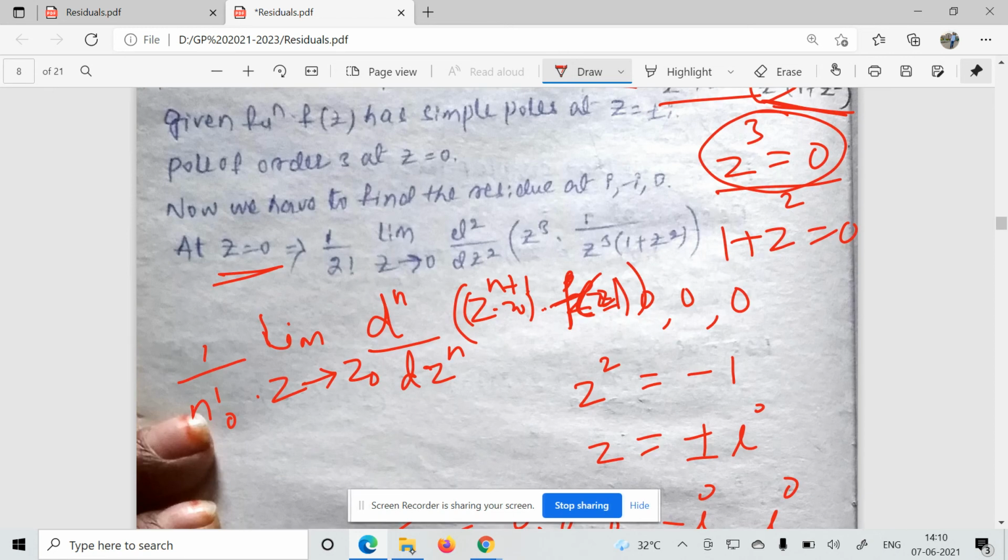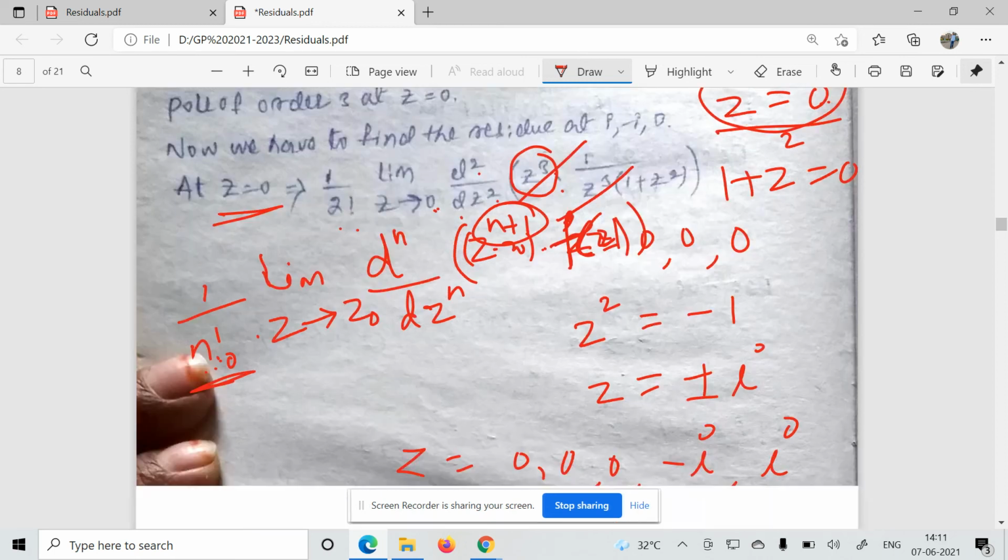Here n is 3, so this is 2 factorial. So 1 by 2 factorial, limit z tends to 0, d square by dz square of z cube into 1 by z cube into (1 plus z square).